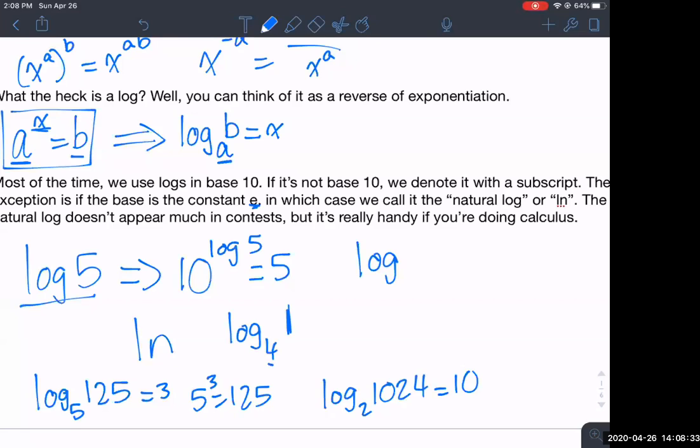Well, we know that 4 to the power of 0 gets you 1, or anything to the power of 0 gets you 1, except for maybe 0, but that's a very weird example. So log of 1 with any base gets you 0. By the way, the log function isn't defined if the thing that you're taking the log of is negative or 0.